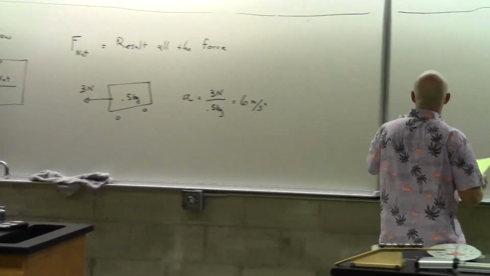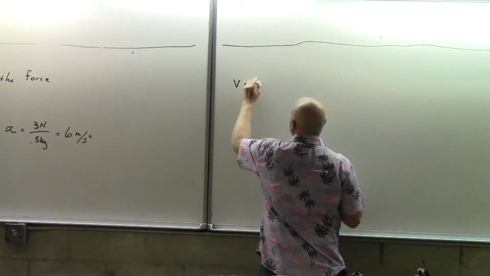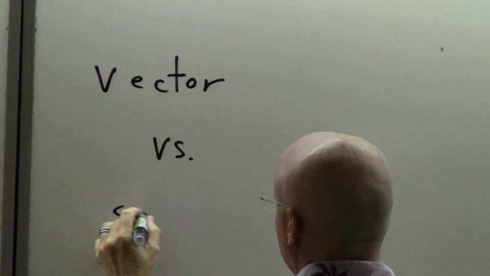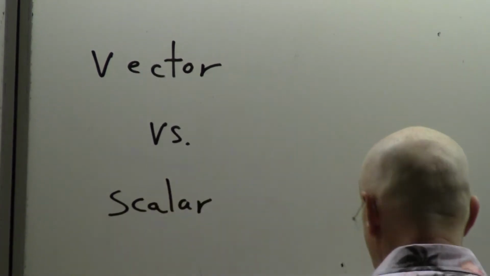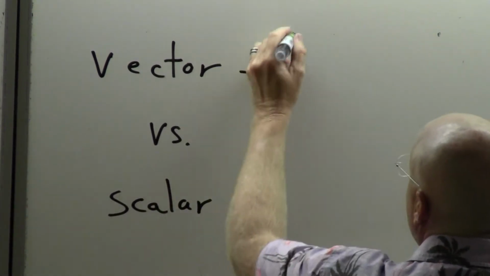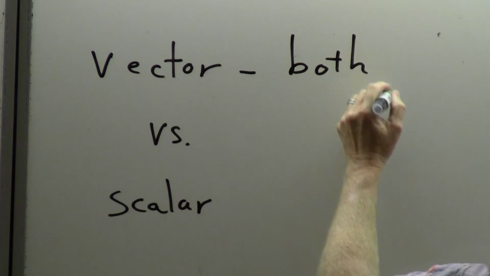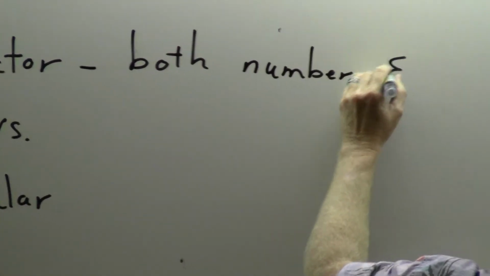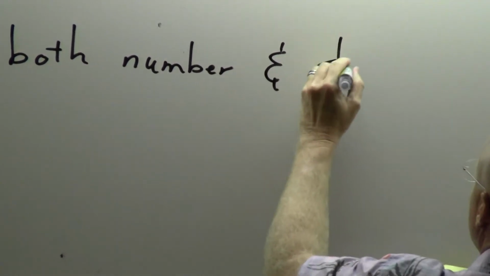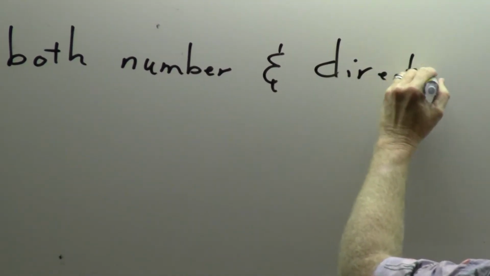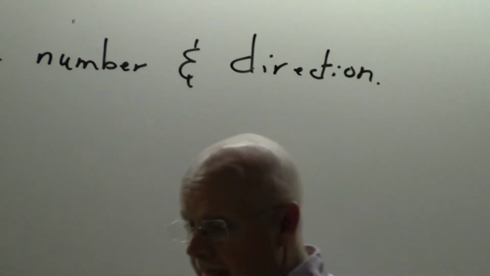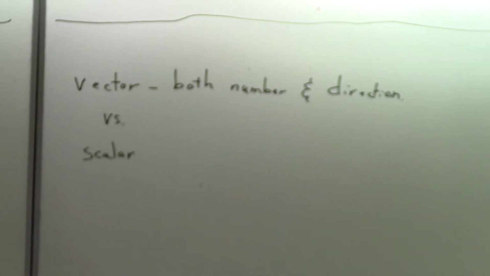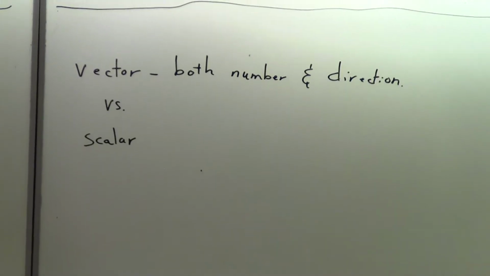And so if I can use some fancy words here, let me use the word vector versus scalar. See, a vector is a physical quantity that has both a number and a direction. And since you started school way back in kindergarten, you've been learning about just numbers.